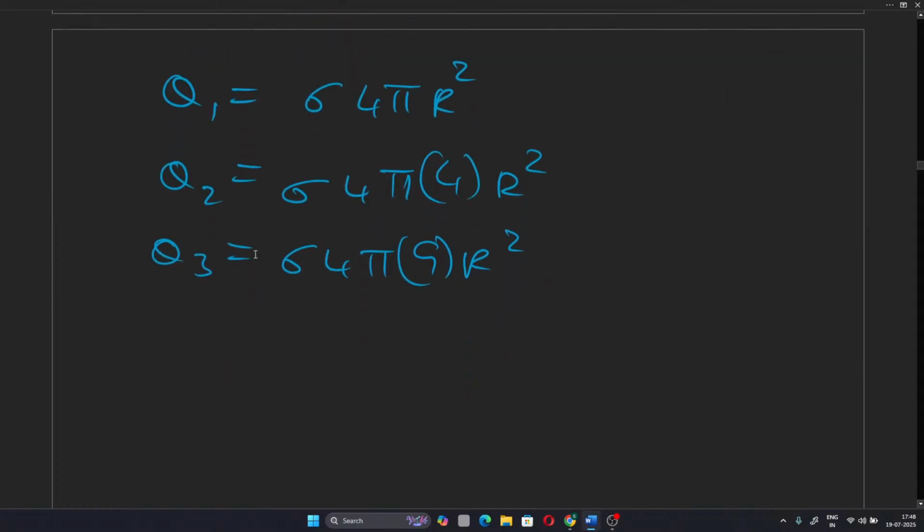Now we take all the common things, delete, all sigma is cancelled, all 4 pi is cancelled, r square is cancelled, 1 is to 4 is to 9.